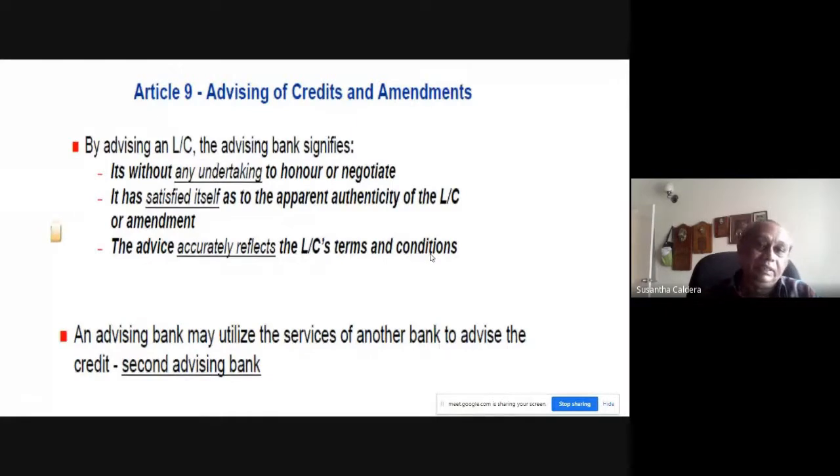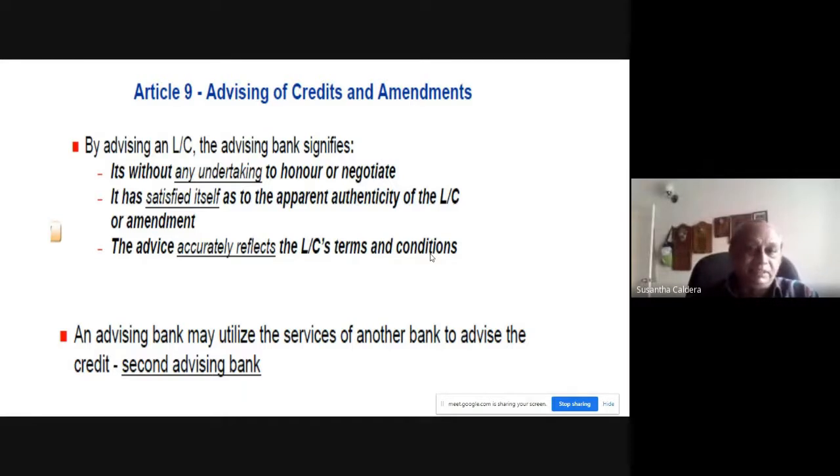It's very important. A lot of customers, the beneficiaries, when they receive the LCs from the advising bank, give the documents to the advising bank, and sometimes they request and fight with them to negotiate and to honor the payments.